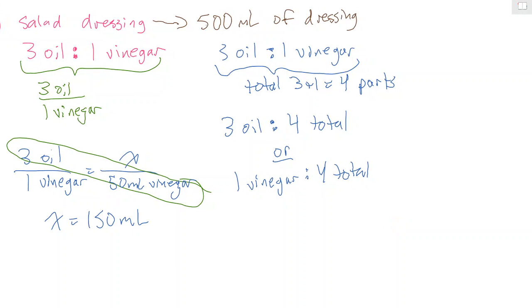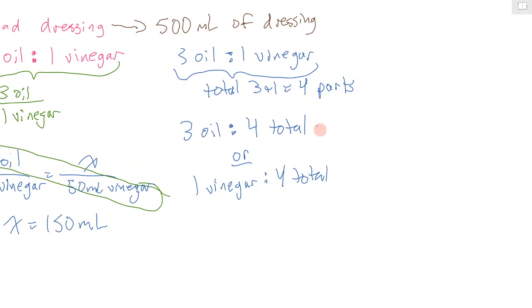So to solve this question of 500 mils of dressing, what we're going to need to do is set up this 3 to 4 parts total ratio, 3 oil to 4 total, and our total is 500 mils. And our unknown then goes in the top, which is going to be oil. So our 500 mils total to 4 parts, or it matches the 4 parts total in our ratio. 3 plus 1 is 4.